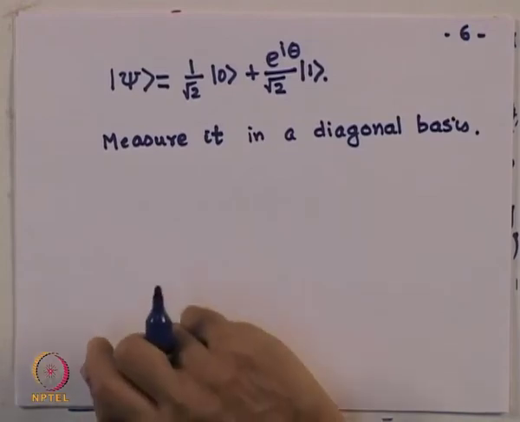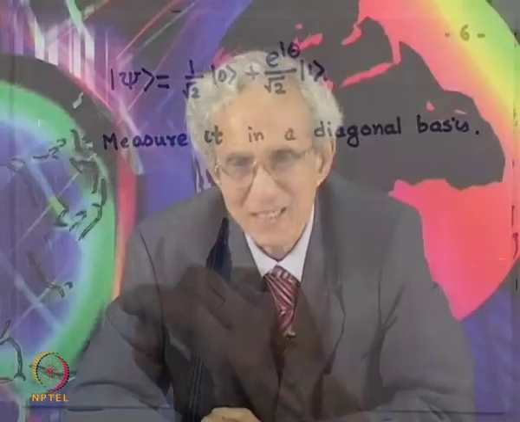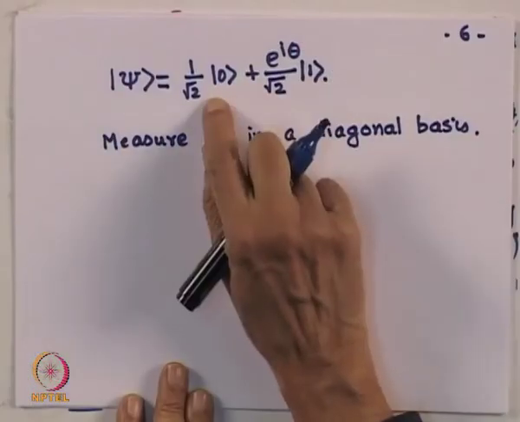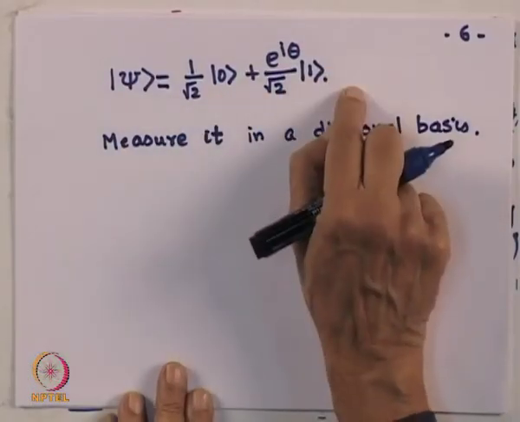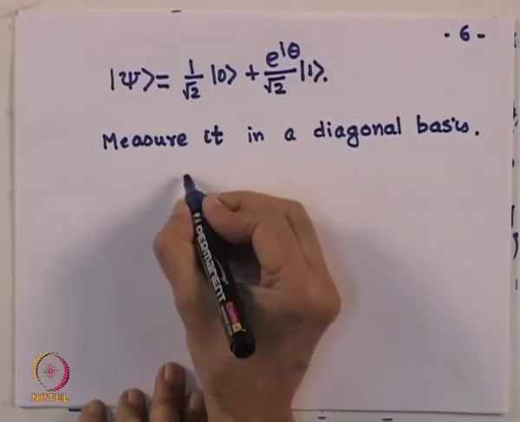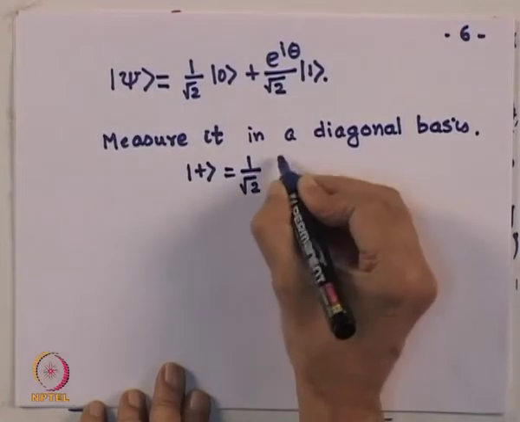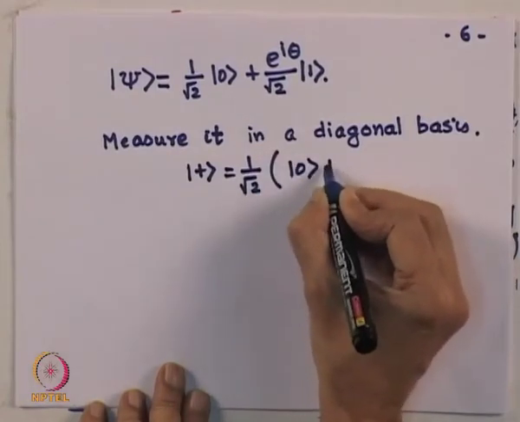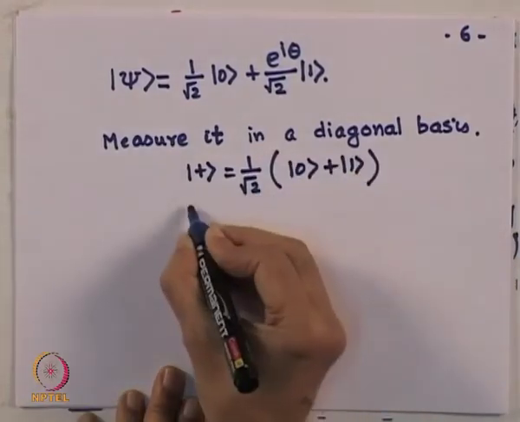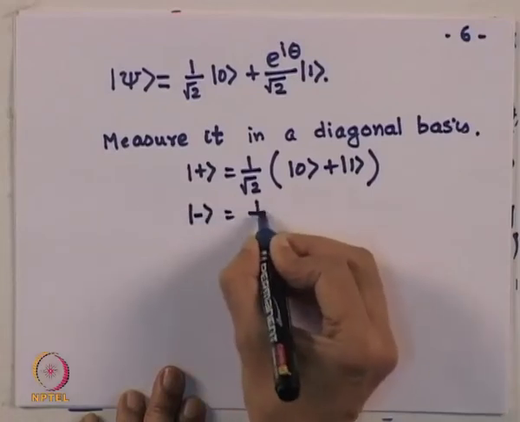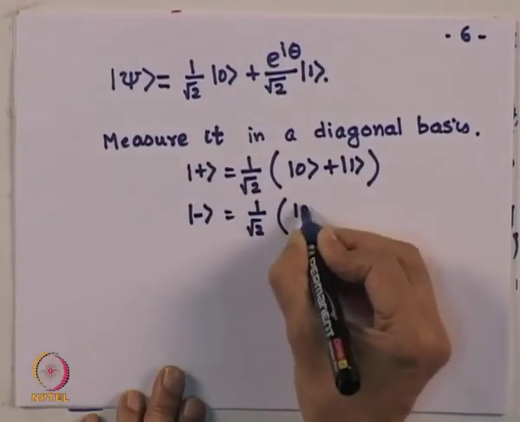Now in order to make the measurement in a diagonal basis, I must first express the states 0 and 1 in the diagonal basis. Now recall that my diagonal basis is |+> = 1 over square root of 2 (|0> + |1>), and |-> = 1 over square root of 2 (|0> - |1>).